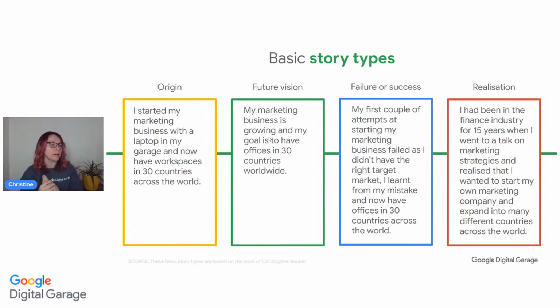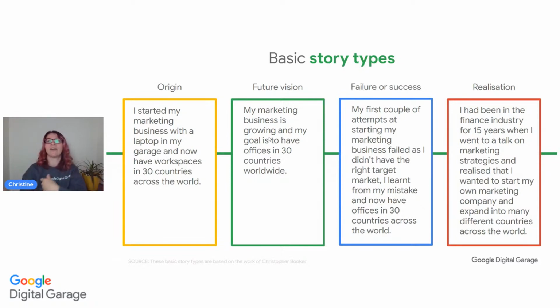The next kind of story is again telling the journey of how you got here, but as a failure or success story. Often, if you want to demonstrate resilience or show how something came about through learning, failure or success stories are really engaging for people, because we're telling them: this is what I tried, it failed.